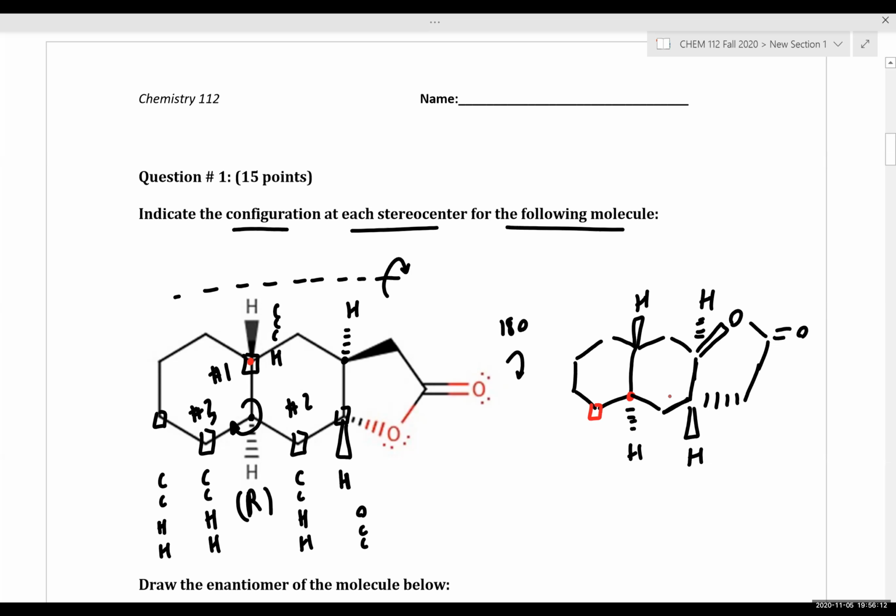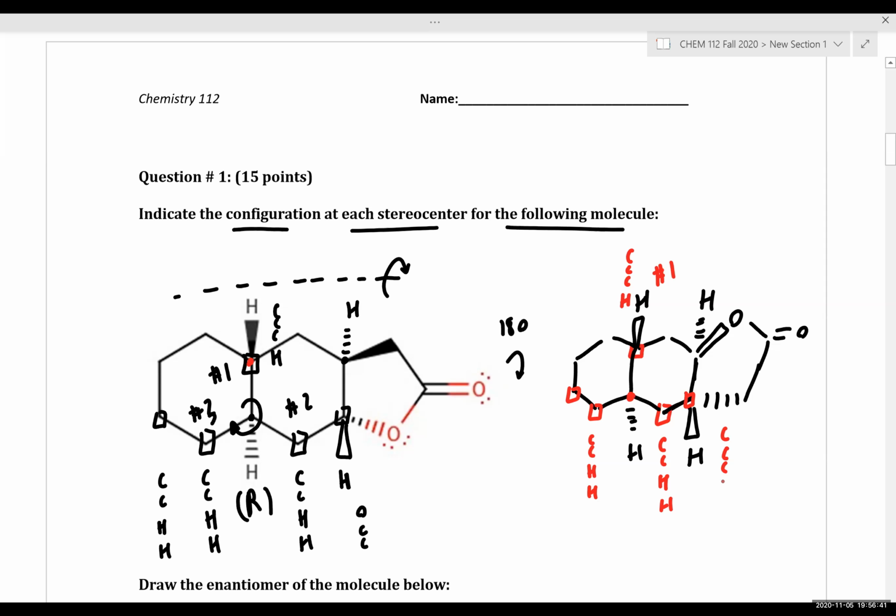So looking and counting, we see this top group has 3 carbons and a hydrogen. This bottom group has 2 carbons and 2 hydrogens, 2 carbons and 2 hydrogens. So which group is higher priority, top, left, or right? Top, yep. So that would be priority number 1. Okay, now we go one more step out.